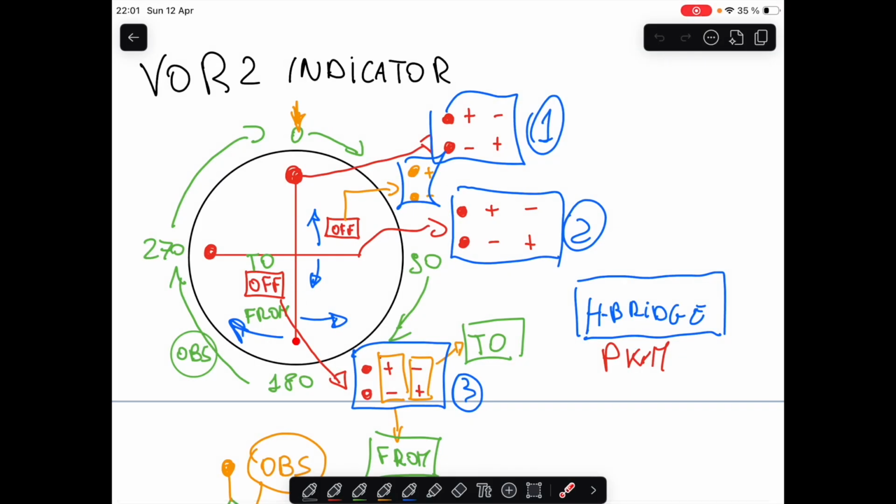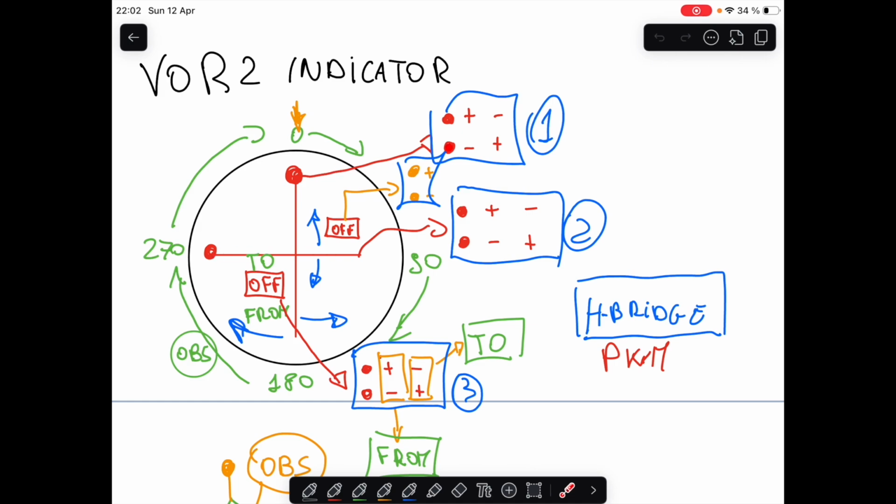So we have the two needles here, the to/from flag, and the off/on flag, and also the OBS compass here, which can be rotated using the OBS knob. For the two needles there is nothing in particular to say.